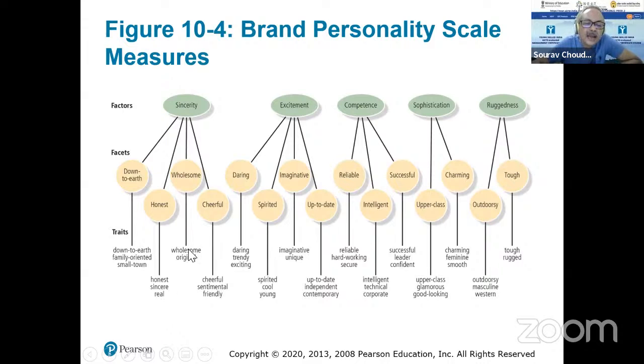Wholesome, original. They have associated one more word, original. Cheerful, sentimental, friendly. So each one of them has been given a facet: excitement, daring, imaginative, up to date, spirited; competence, reliable, successful, intelligent; sophisticated, charming, upper class; and ruggedness is outdoorsy, tough.